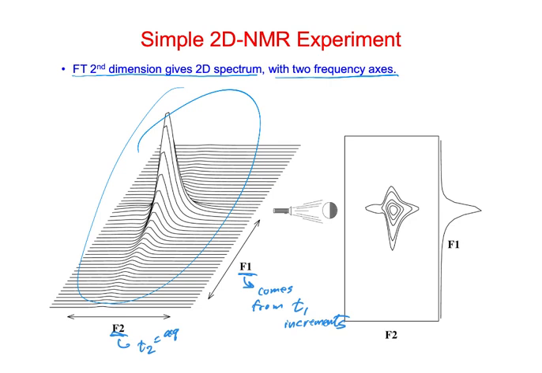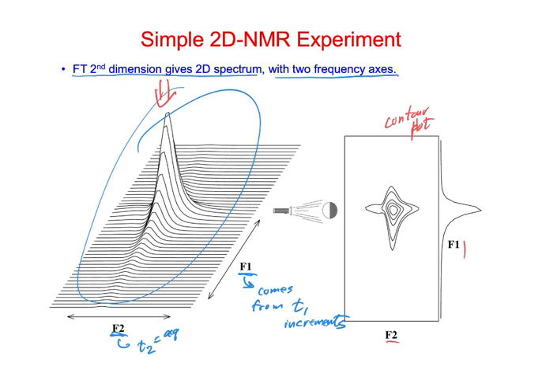So what we actually do is we look at these spectra from above, and we get a contour plot, like a topographical map, right? So we have now our F2 and our F1 axes, and then we have our peak, and we have contour lines. So the more contour lines, the taller that peak is.